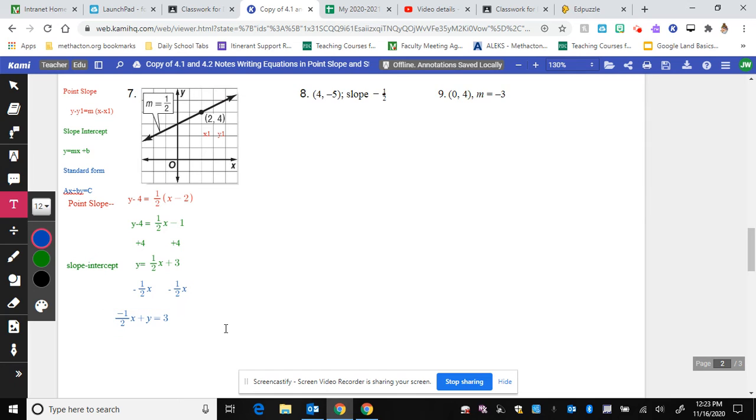So now I'm almost in standard form because I have my x and my y on the same side. But if I'm really thinking back to when we talked about linear equations and standard form, one of the rules for standard form means that you can't have any fractions or a negative as x.